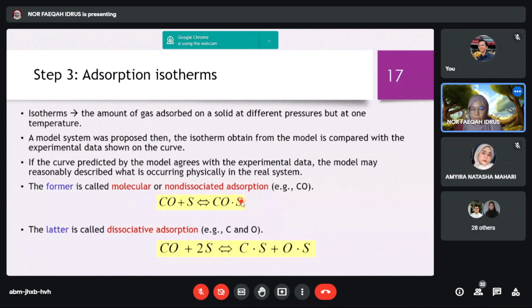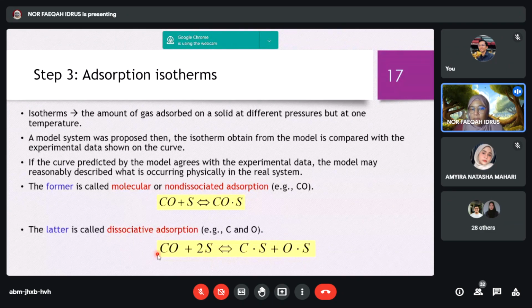CO.S. Okay, and then another type of adsorption, we call it atomic adsorption or dissociative adsorption. Again, we still have the same reactant, which is gas CO, but it will adsorb as atoms.